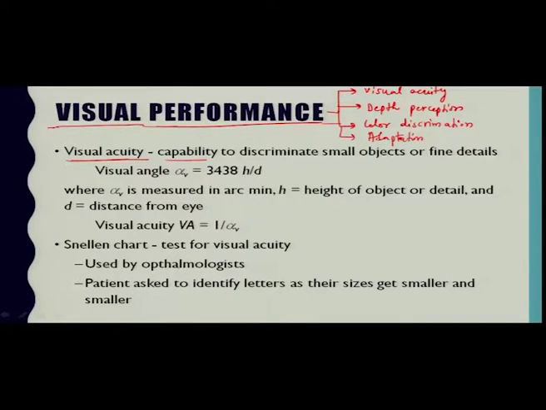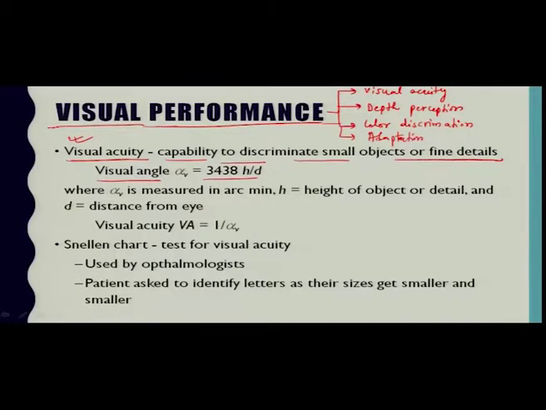Here first we need to understand visual acuity. What is that? It is the capability to discriminate small objects or fine details. It depends mainly on the accommodation of the eyes. The common measure of visual acuity is minimum separable acuity, which refers to the smallest feature that the eye can detect.